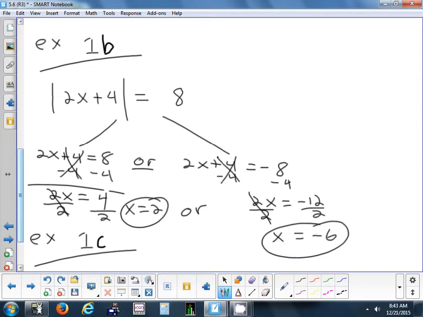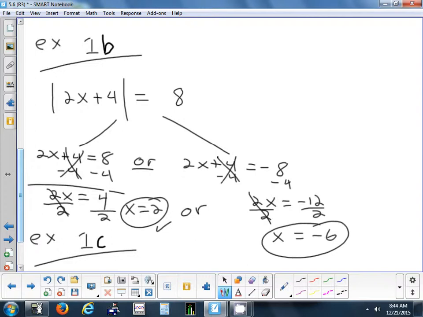Jalen, if I plug 2 in, what's 2 times 2? And what's 4 plus 4? And what's the absolute value of 8? 8. That answer works perfect. Okay, how about Ryan? Let's try -6.